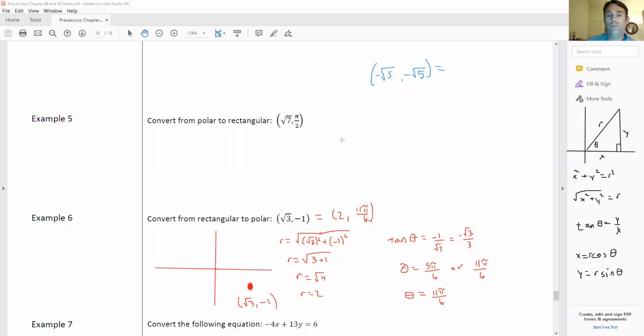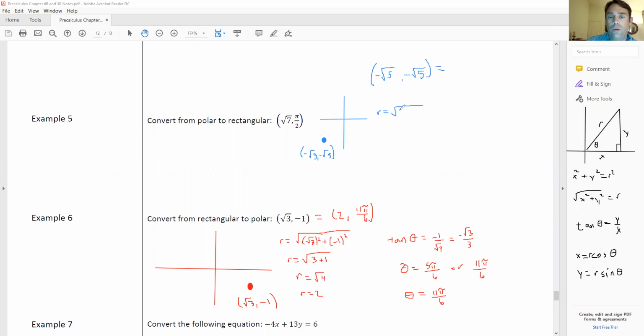Okay, just like we've done before, we're going to graph it. So that'd be down here. So that's the point negative root 5, negative root 5. So you're going to determine r.